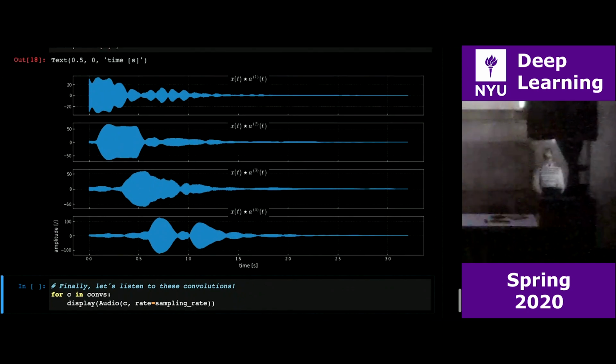And this is how they look, okay? So the first kernel has a high match in the first part of the score, between 0 and 0.5 seconds. The second one starts just after the first one. Then you have the third one starting at 0.3, I guess, and then the last one starting at 0.6, okay?